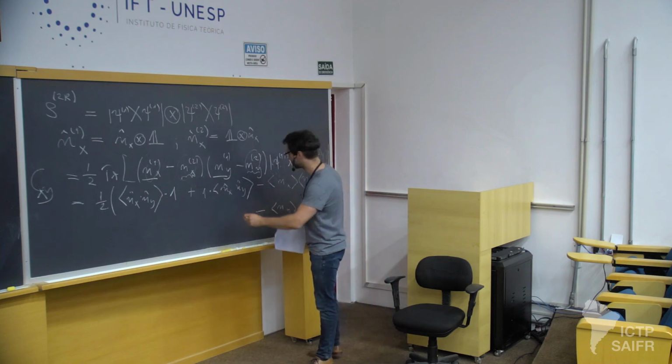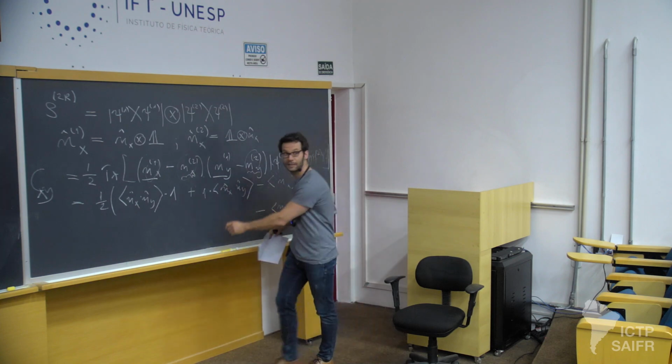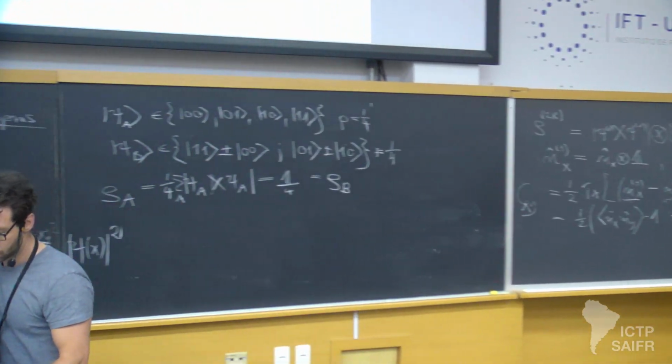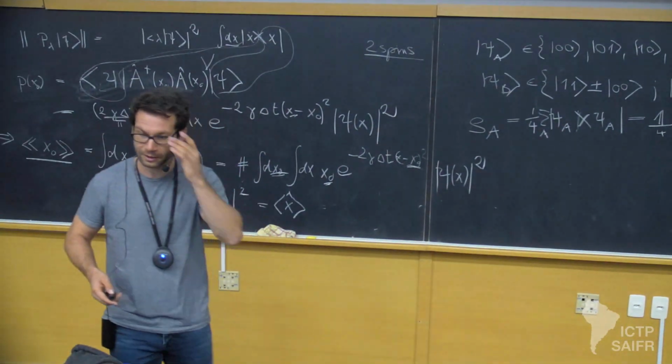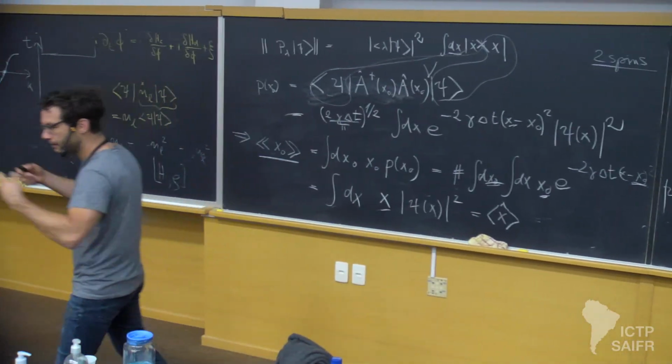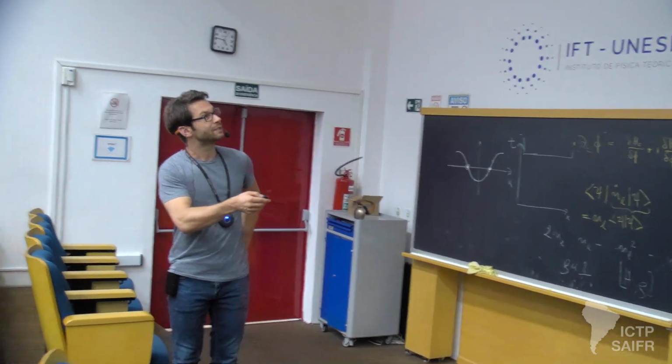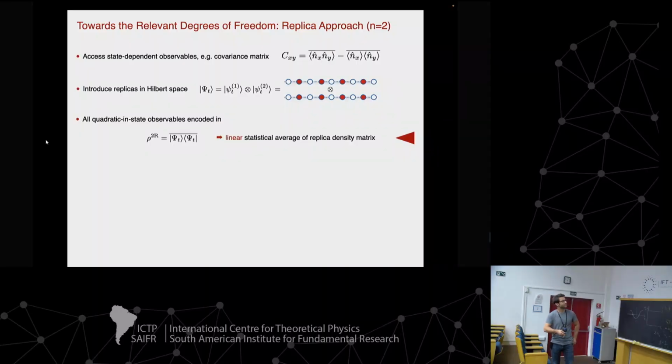And then with this factor of one half in front, we exactly build up this correlation function. So in the upshot, by introducing these replicas, we can compute these quantities that are nonlinear in the state.